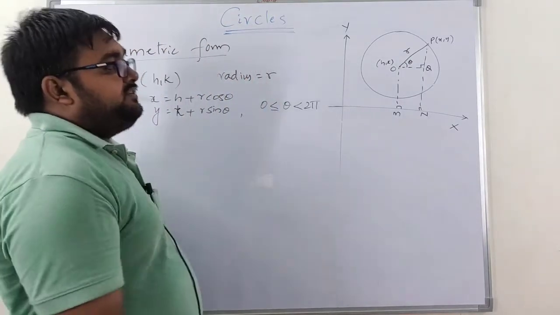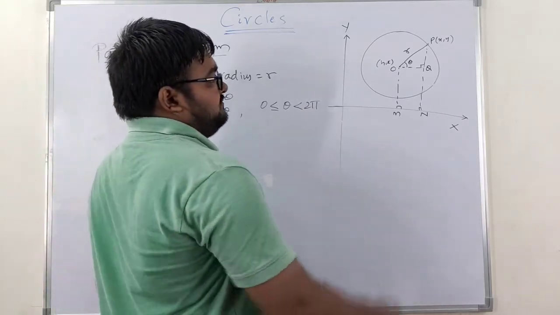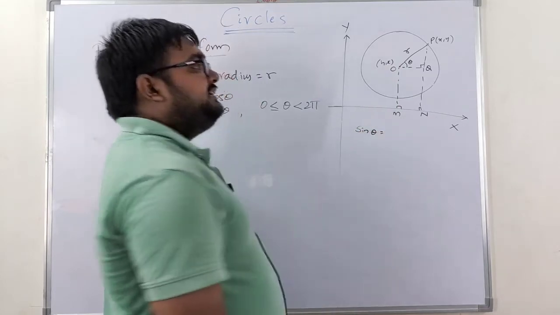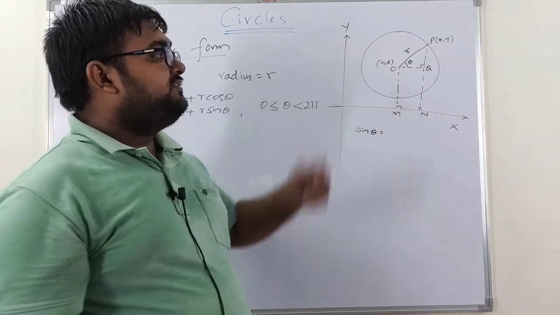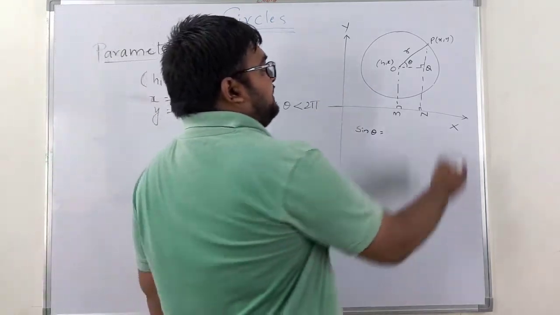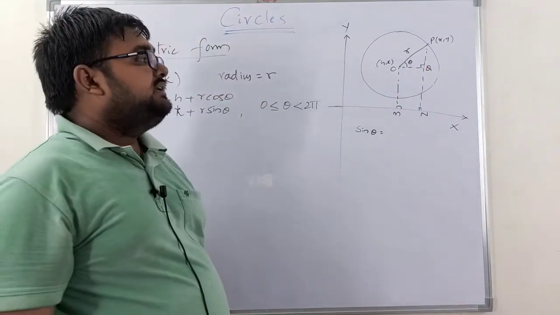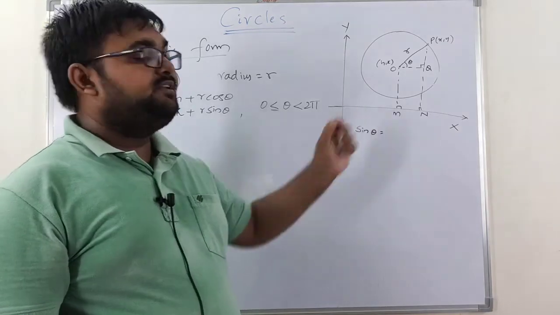Now from that figure, what is sin theta? Sin theta is nothing but the opposite side to theta by hypotenuse. From that figure, I need to obtain what this particular length is and what this other length is.